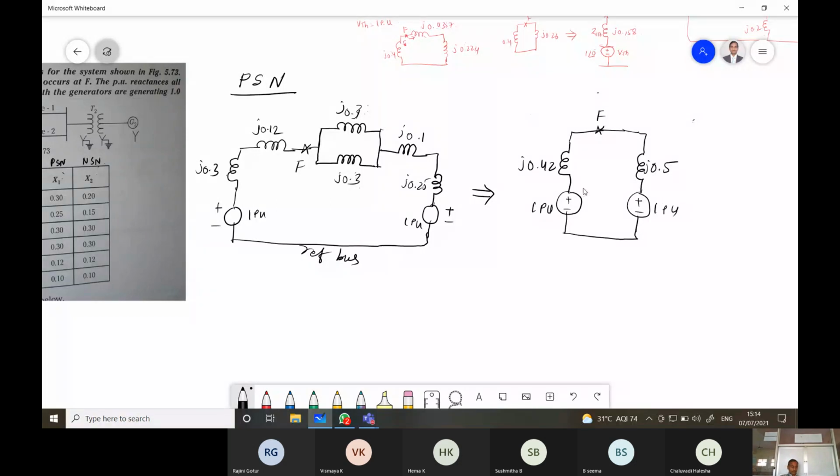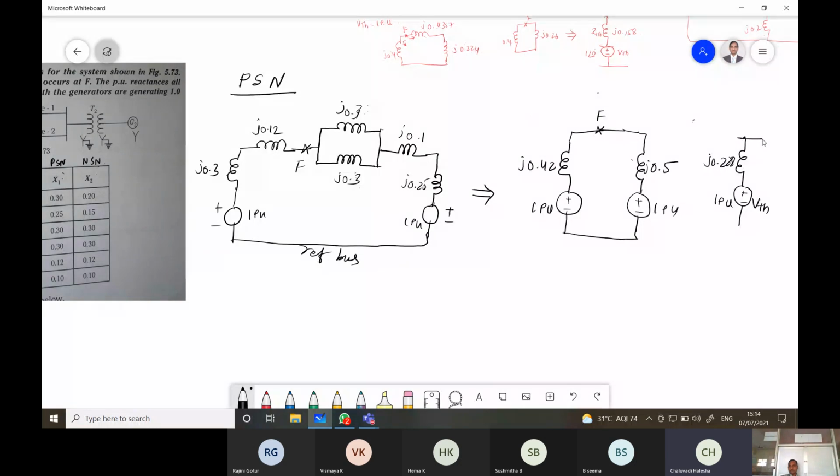So find out the VTH, the equivalent positive sequence network. Therefore 0.42 and J 0.15 are in parallel. This is VTH, both are parallel, so therefore 1 per unit. With these two, how much did you get? J 0.228, sir.